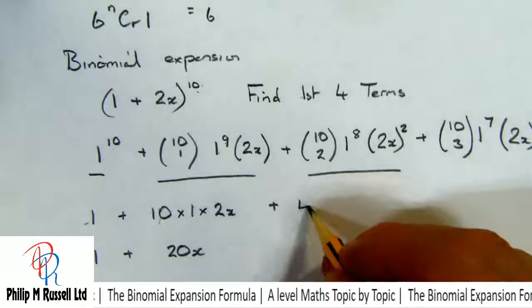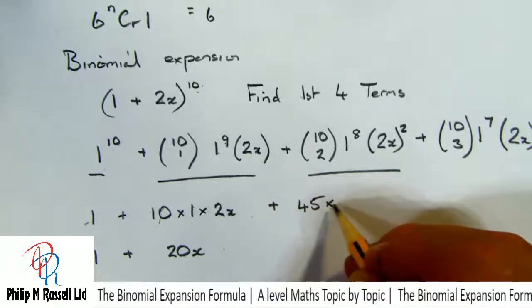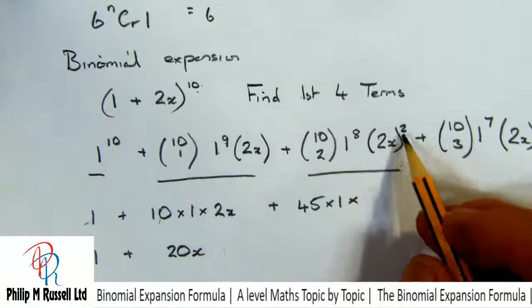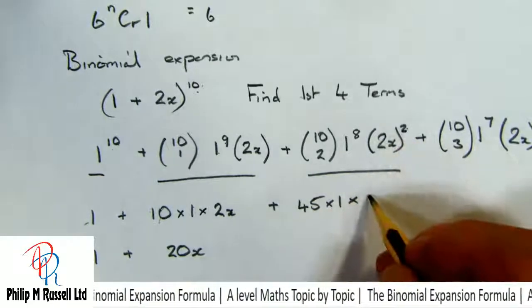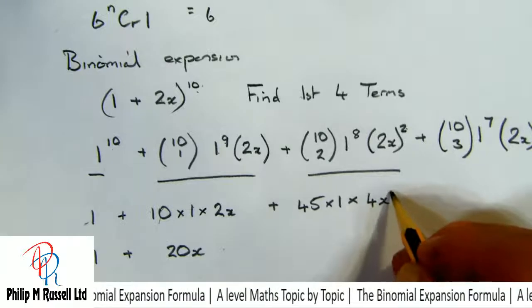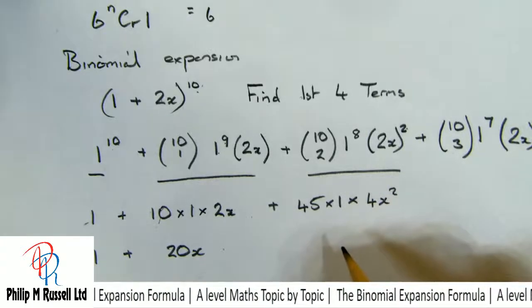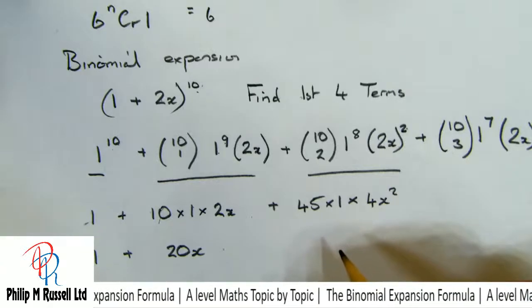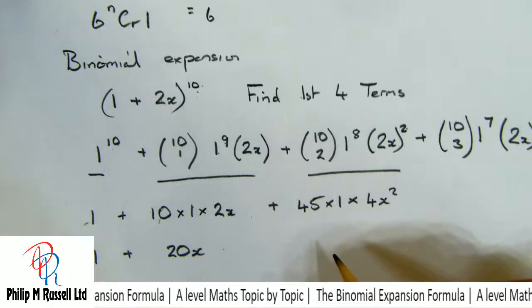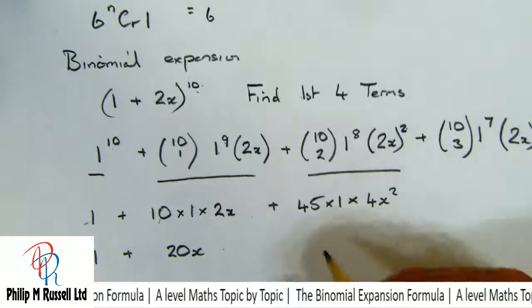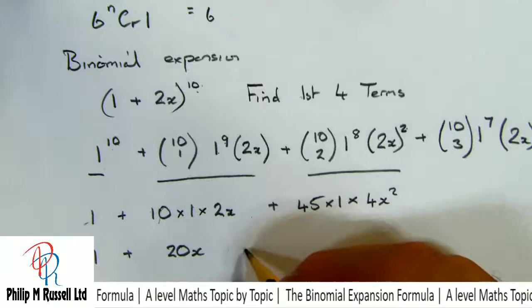So this is going to be plus 45 times 1 times, this time 2 squared, which is going to give me 4x squared. So we want now 4 times 45. 2 of them are going to give me 90, so that's going to give me 180.